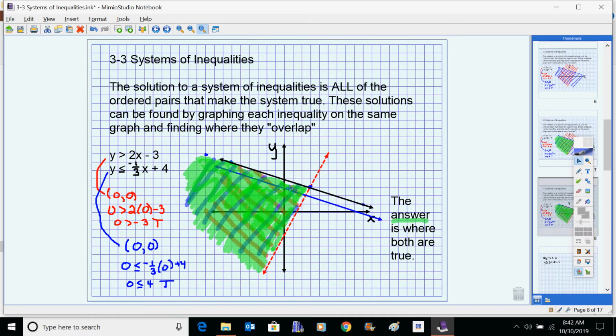So I'm thinking about where both of those things would have overlapped. So once again, it's the place where they both overlap each other.